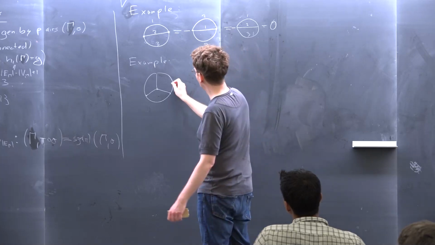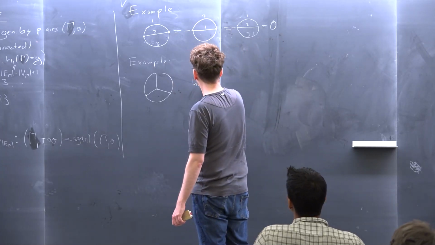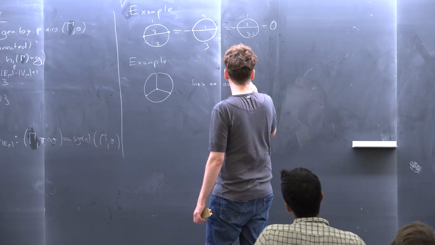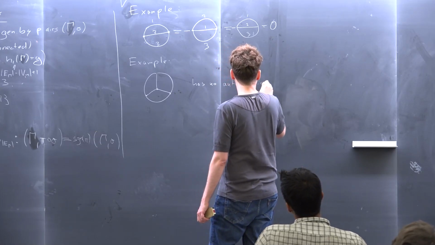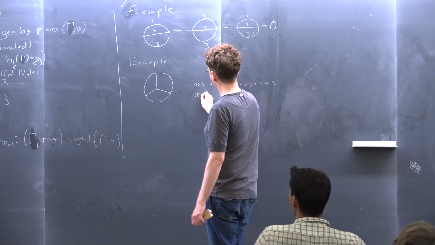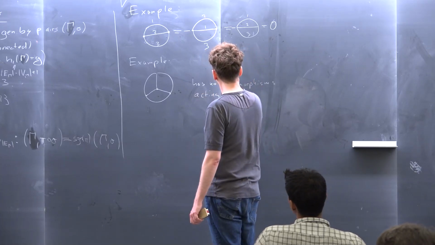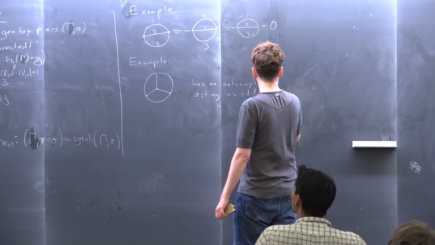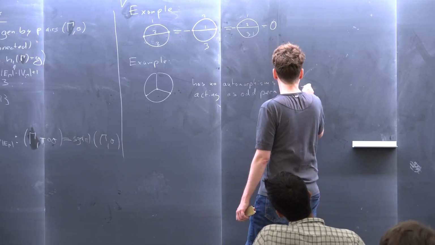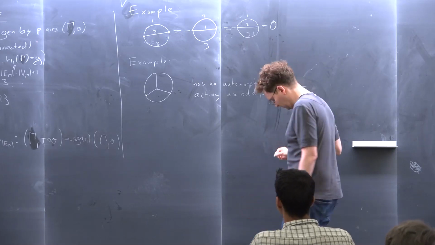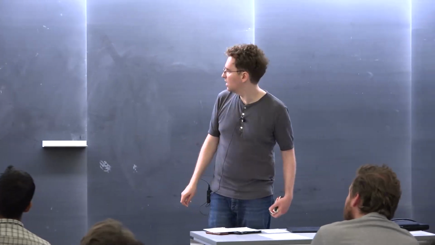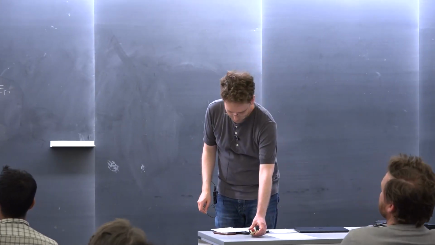So this has no automorphism that acts as an odd permutation on the edges.